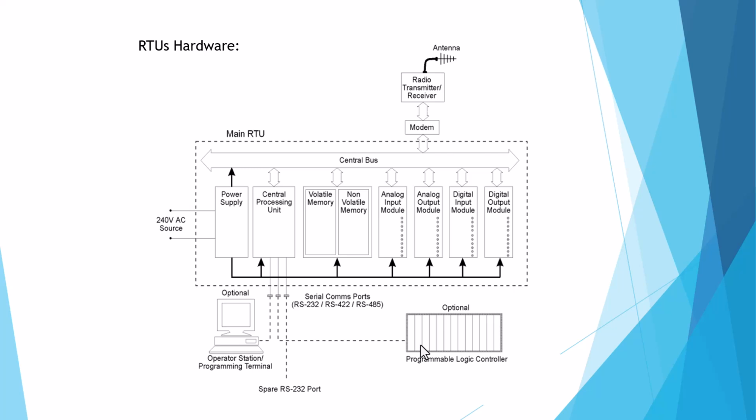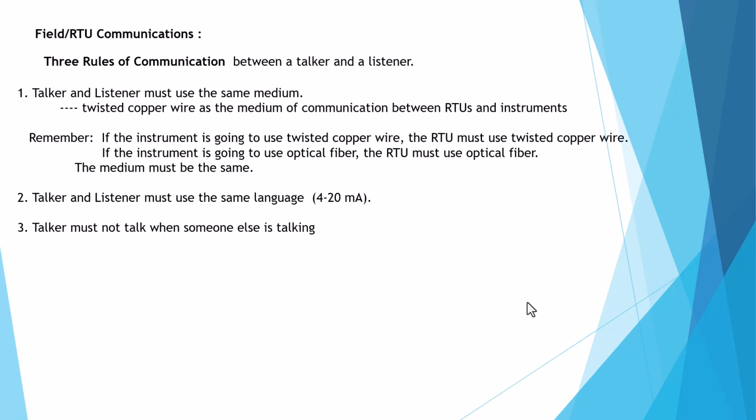It has a power supply, its CPU, its memory, and its analog and digital input-output modules. Also, its connection modem. The modem is connected to the radio transmitter and receiver. Okay.